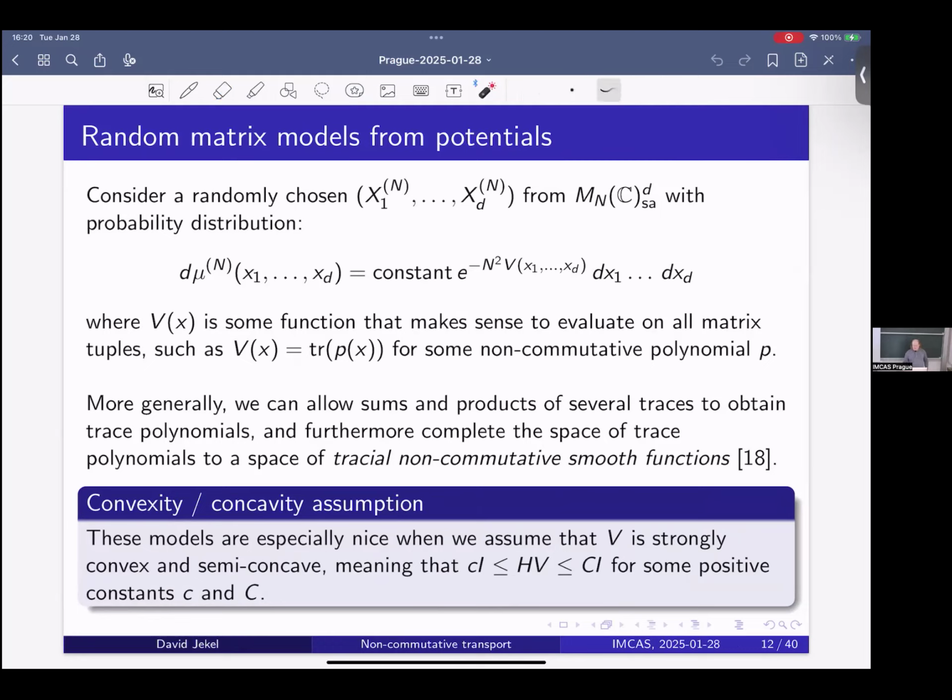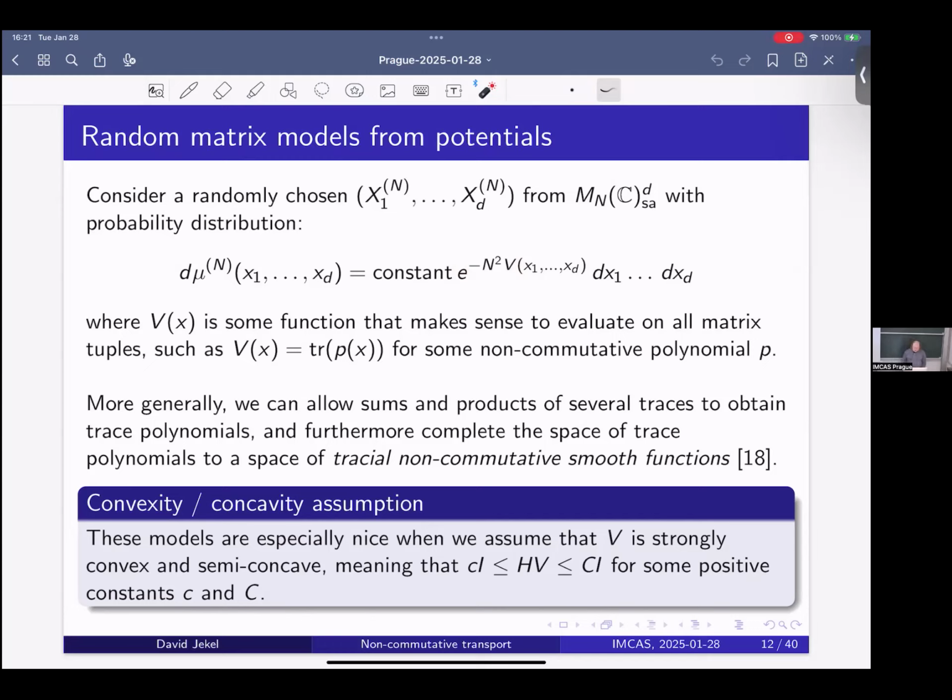If you want, you can think of this as some kind of statistical mechanics type construction, and the potential V is describing the interaction between the several different matrices and also the interaction between the different entries of each matrix. And so this V is also going to play the role of the log of the density. And because we have n squared up here, you can't say that the density itself would have a limit. But if you take the log of the density with the right normalization, then it makes sense.